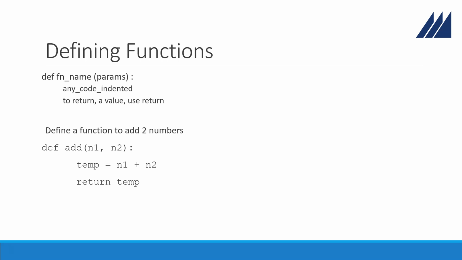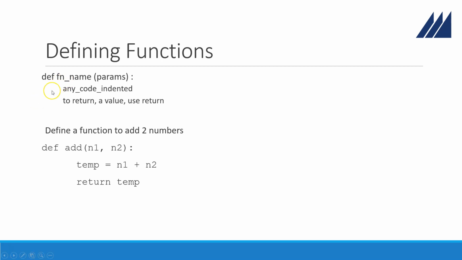Usually a function has only one purpose. So if your program has, let's say, 5 or 6 different tasks, you want to break these tasks down into 5 or 6 different functions. So you focus on only one function and make sure it runs correctly.